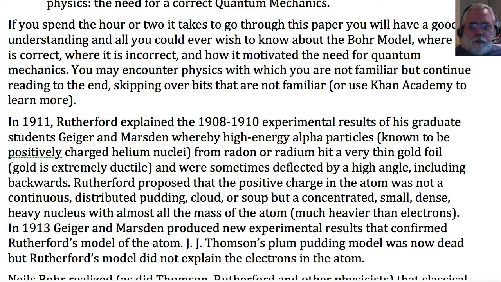Rutherford proposed that the positive charge in the atom was not a continuous, distributed pudding or cloud or soup, but a concentrated, small, dense, heavy nucleus with almost all the mass of the atom, much heavier than electrons. In 1913, Geiger and Marsden produced new experimental results that confirmed Rutherford's model of the atom. J.J. Thomson's plum pudding model was now dead, but Rutherford's model did not explain the electrons in the atom.